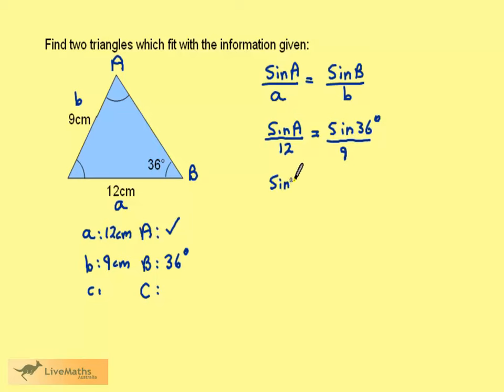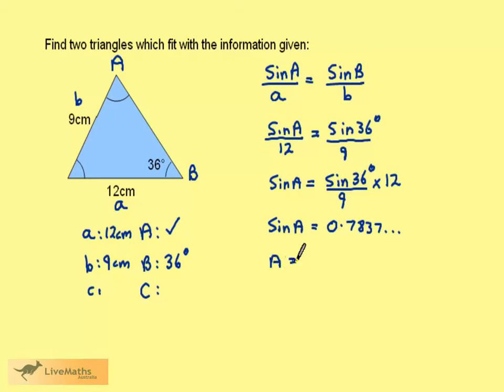Sine A then is equal to the sine of 36 degrees divided by 9 and then multiplied by 12. Calculating, we get sine A is equal to 0.783 and so on.